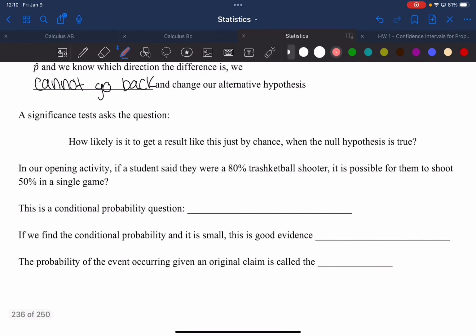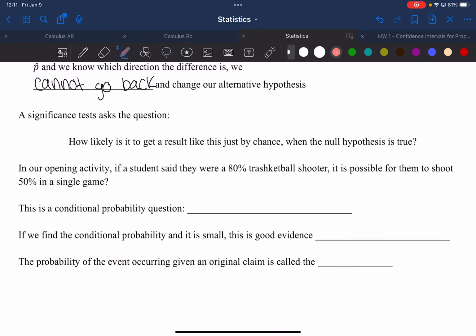In our opening activity, if a student said they were an 80% basketball shooter, is it possible for them to shoot 50% in a single game? Yes. So what are they saying when they say they're an 80% basketball shooter? If they were to take 10 shots, they'd make 8 of those.